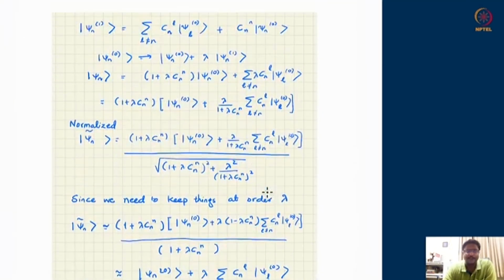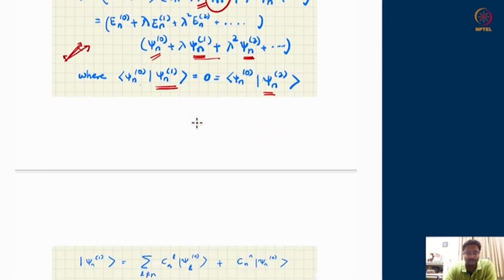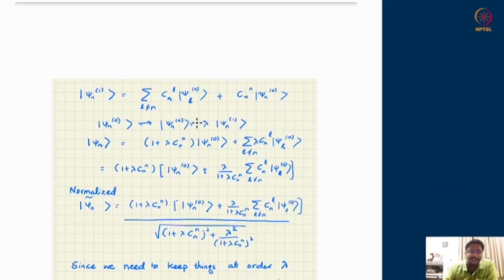Suppose we look at the first order correction term, which comes with a single power of coupling parameter lambda. So we are going to focus on the first order correction. Suppose psi n1 is not orthogonal to psi n0. That is, the unperturbed eigenvectors are not orthogonal to the newly added corrections. So these new corrections can also be projecting. They are not completely orthogonal to psi n0, so they could have some projections along psi n0.